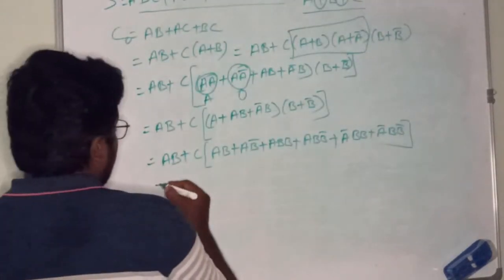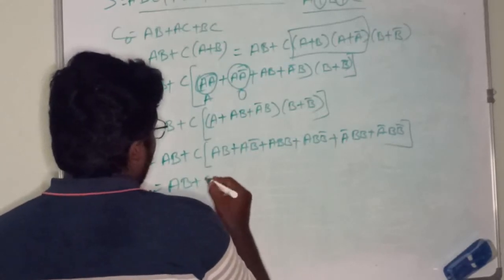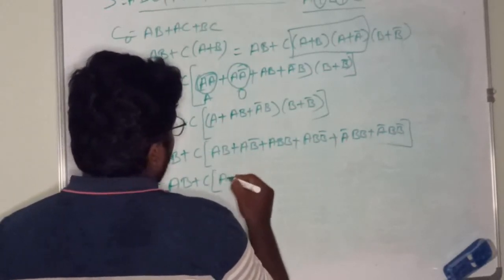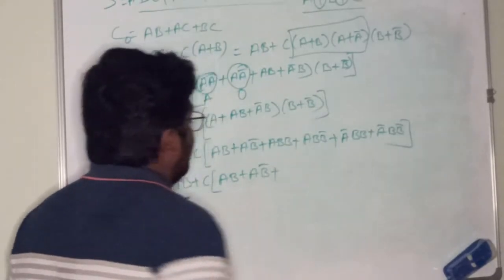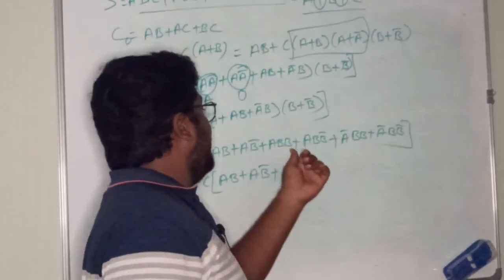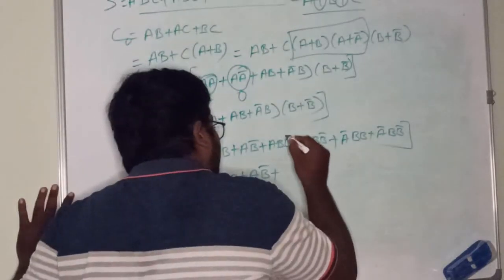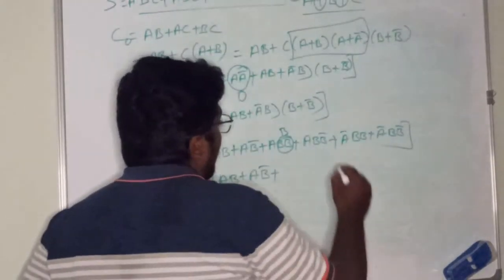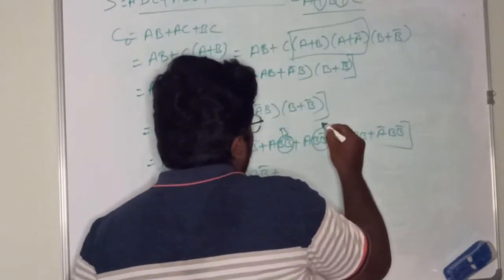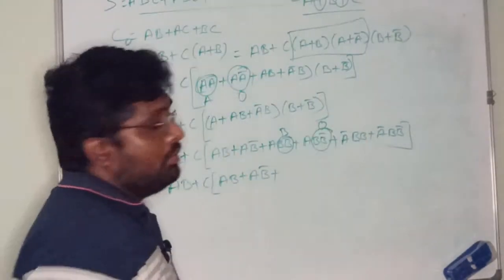If you observe here, B into B can be written as B, and B into B complement will become 0.